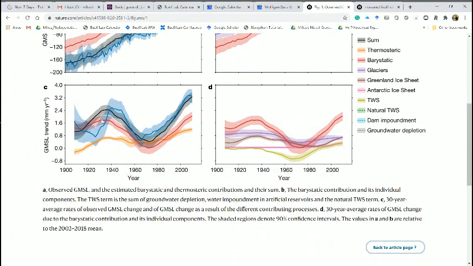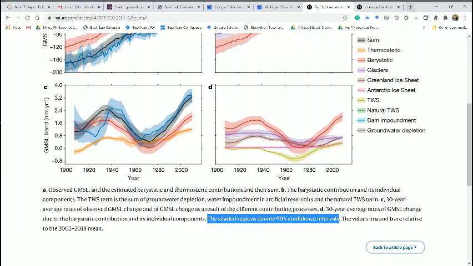I assume this is like, to get the black line, you add up the three other lines to get the black line, perhaps. And then, okay, yeah, shaded regions are 90% confidence intervals. So scientists are 90% confident that this line traces out a path somewhere in this shaded red region.